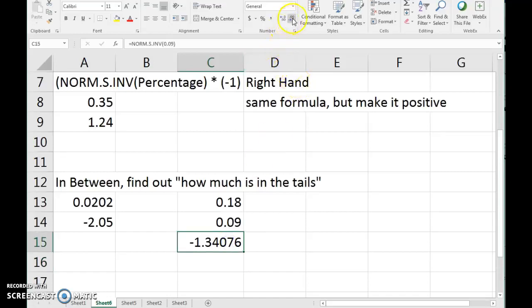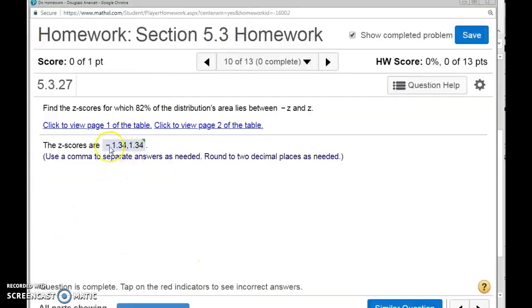And I'll get that down to 2 decimal spots like they had, -1.34. And so that's the left-hand mark for 9%, and then the right-hand mark's positive 1.34. And so then altogether you have 18% in the tails, which means you have 82% in between those z-values.